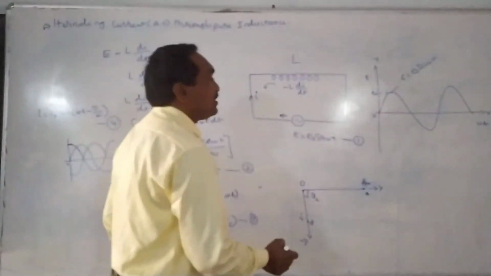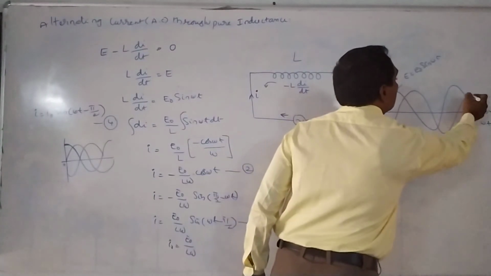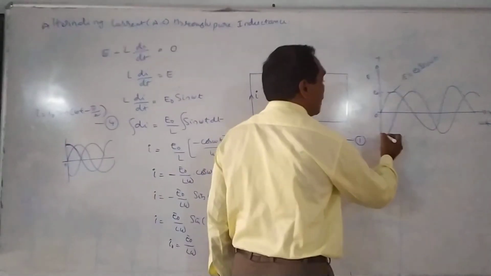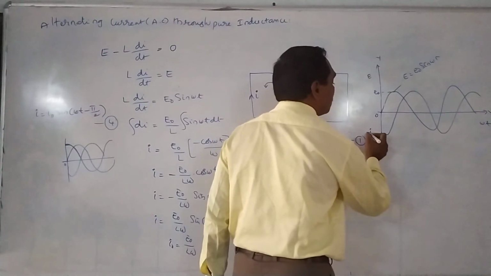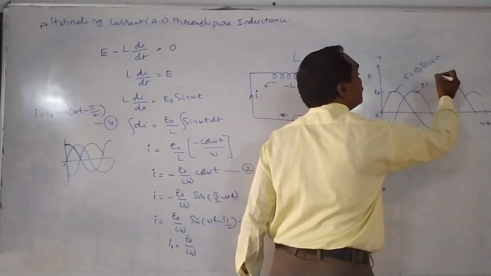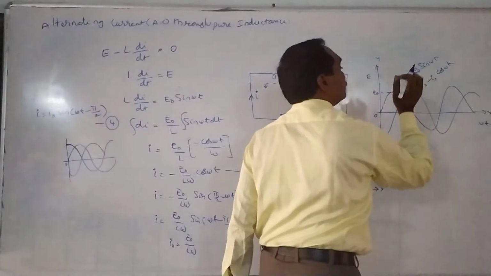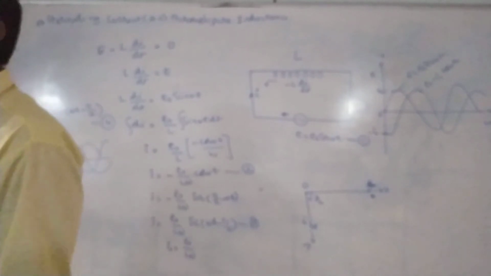So the curve can be written like this. This is the maximum current I naught, and of course minus I naught. This represents I is equal to minus I naught cos omega t. Of course, we can also write it as I is equal to I naught sin(omega t minus pi by 2). This is the graphical analysis of the alternating voltage and alternating current.